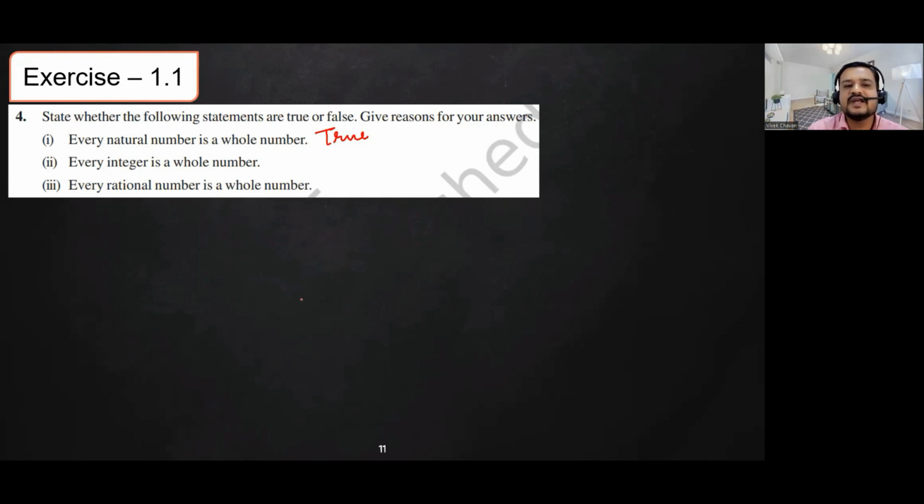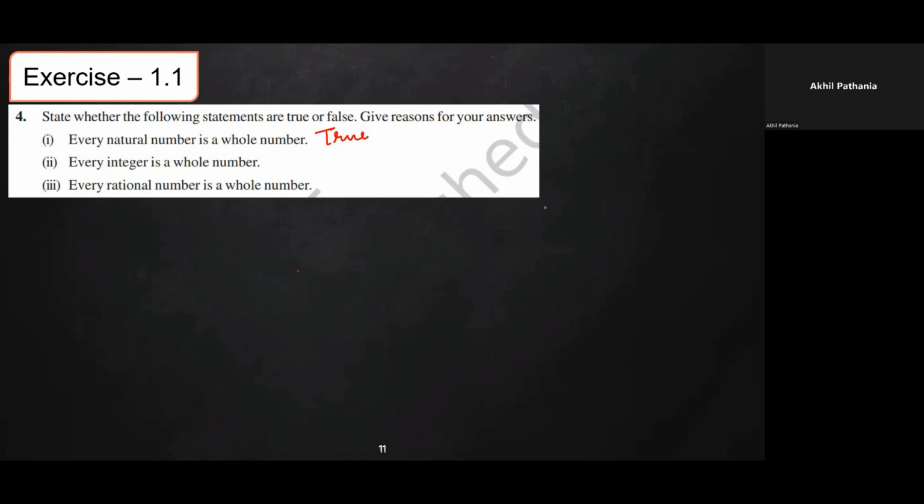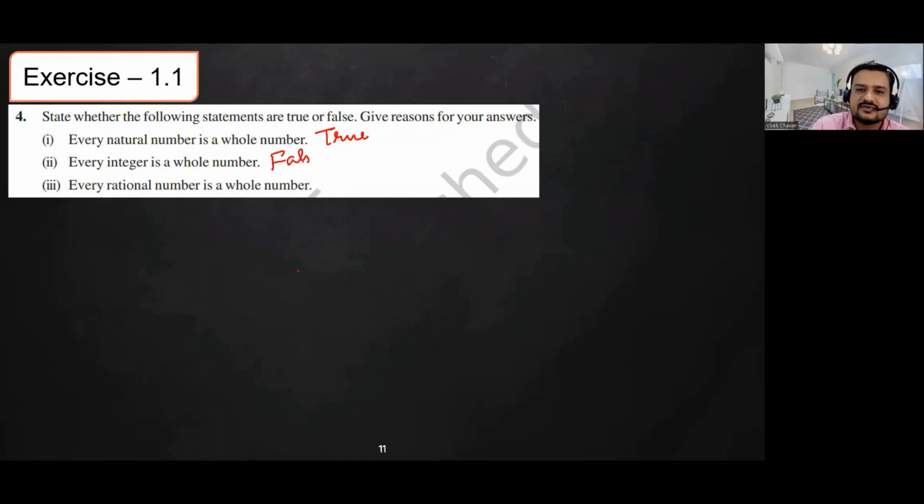Now next is every integer is a whole number. Is it true or false? Yes, Akhil. Sir, it's false. Negative numbers are not in whole numbers. Correct, it is false.